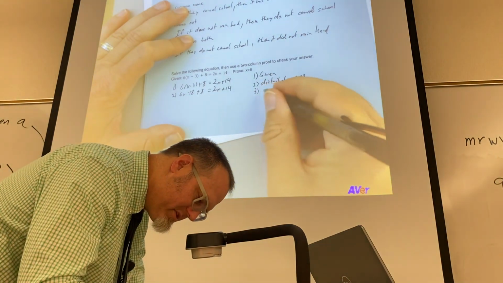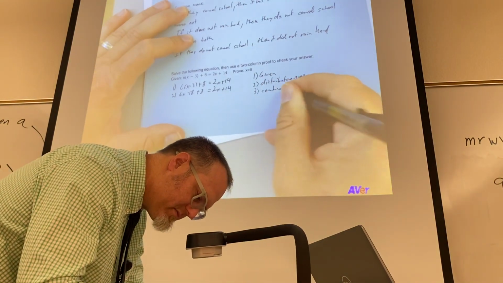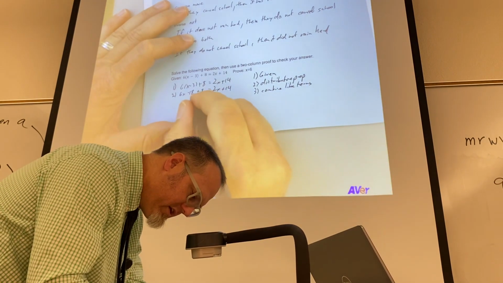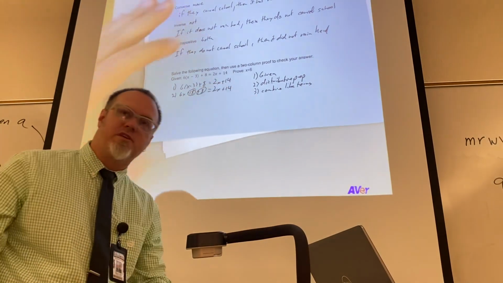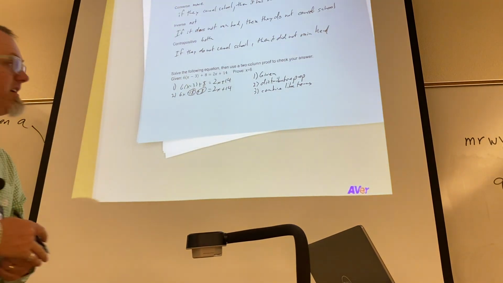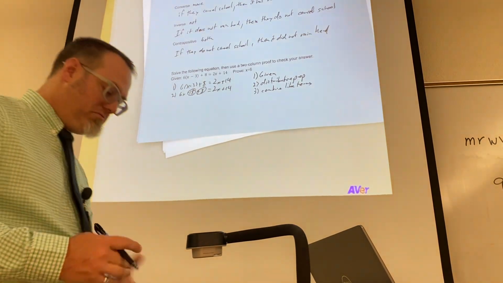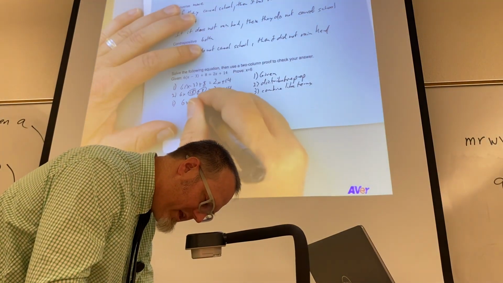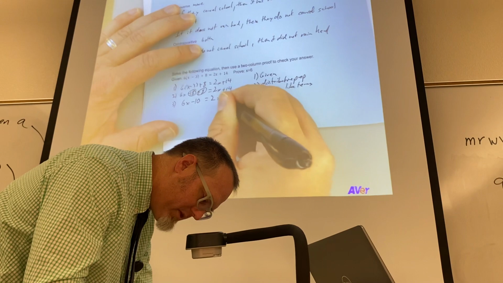My next thing I'm going to do is just combine like terms. This and this are on the same side of the equal sign, the negative 18 and the plus 8. So I'm just doing math basically. So what I end up with is 6x minus 10 is equal to 2x plus 14.